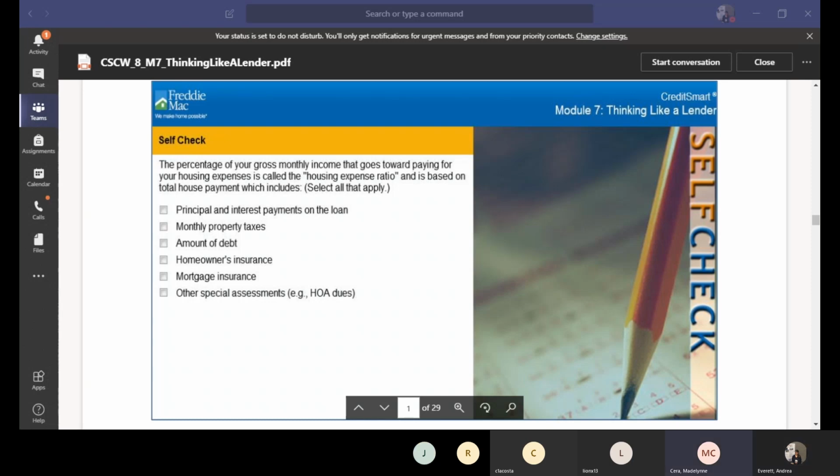What do you guys think? Amount of debt? Is it included? Yes. Are you sure? No, I don't think so. Isn't that the expense? The debt? No, sir. Okay, so that's not included. The amount of debt is not included.